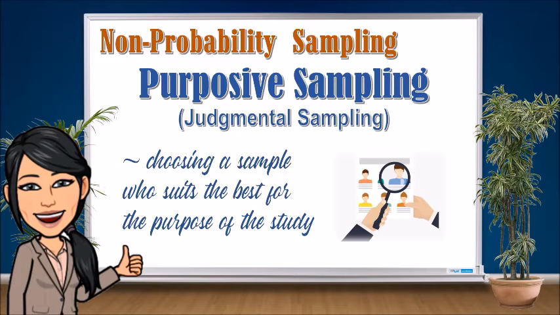The third in non-probability sampling is purposive sampling. Purposive sampling, or judgmental sampling, or sometimes authoritative sampling, is a non-probability sampling technique in which the sample members are chosen only on the basis of the researcher's knowledge and judgment.